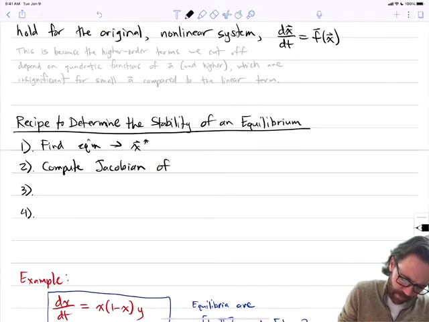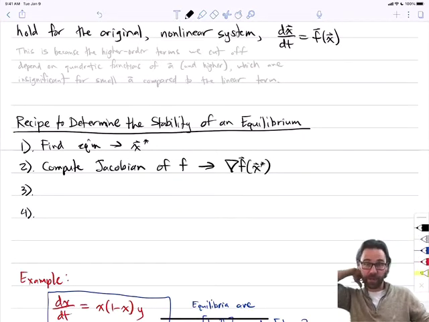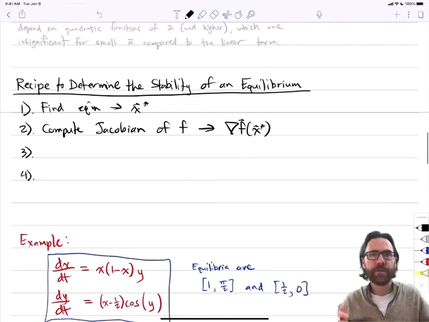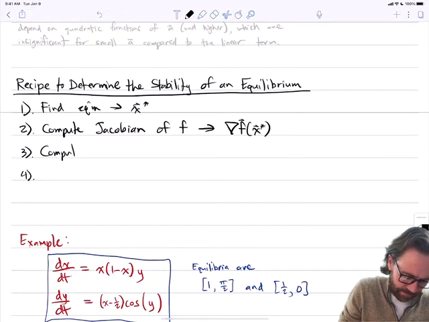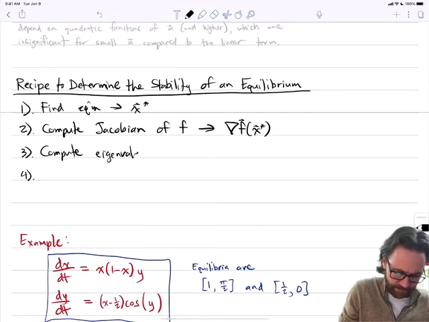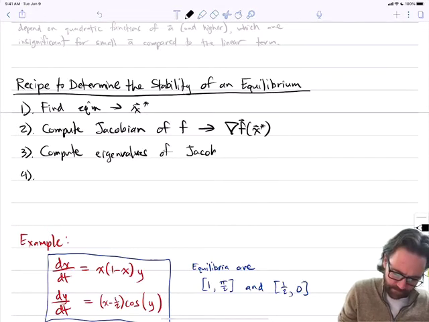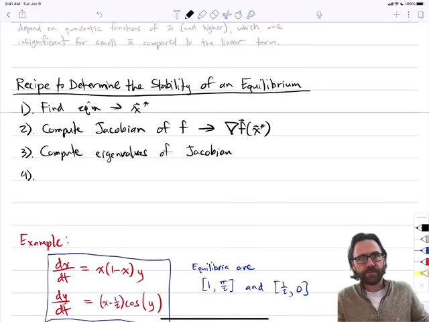That's what this thing is. And I'll just write it like that because we are computing the Jacobian at the equilibrium point. Next, we compute the eigenvalues of the Jacobian. And then finally, you look at the real part.